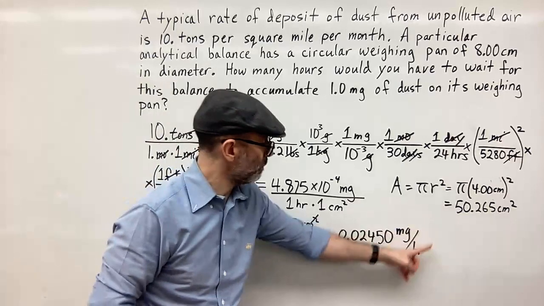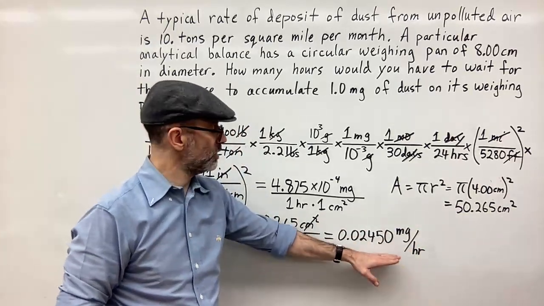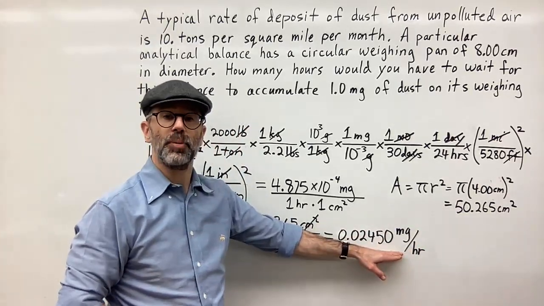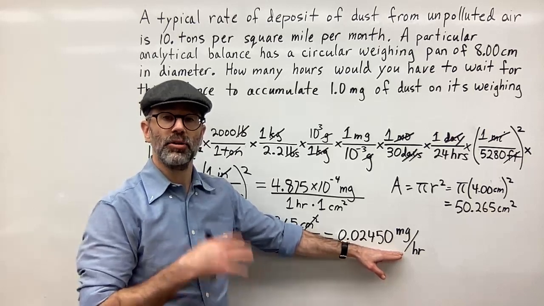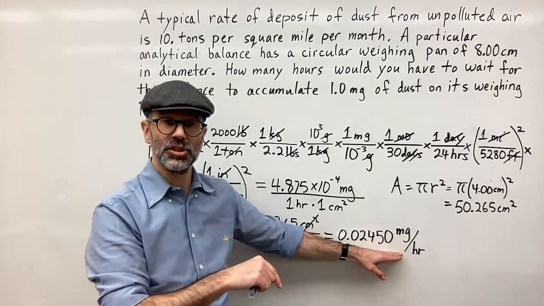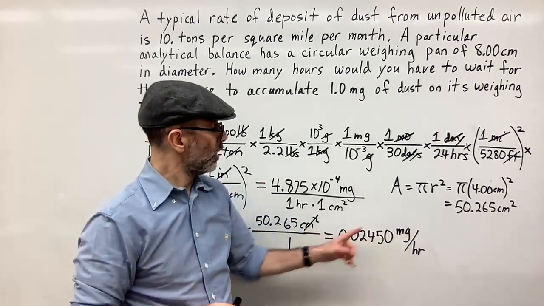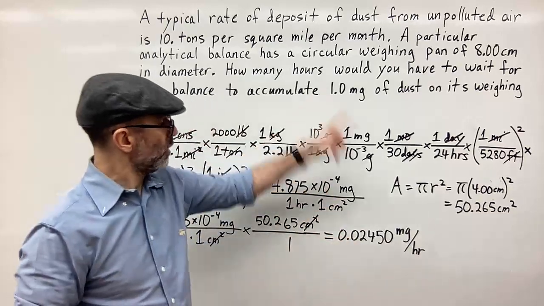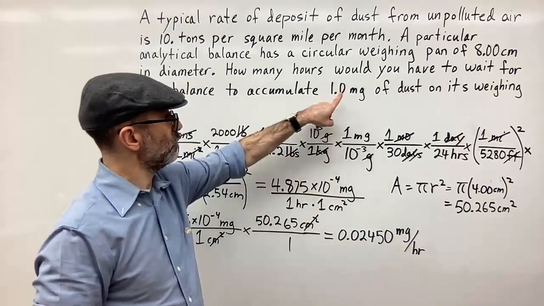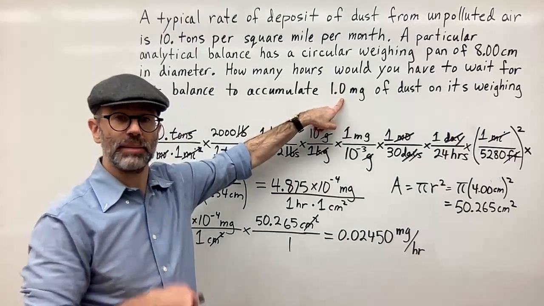Well, we already got the rate here. This is the rate per hour of the milligrams that is going to be added to that dish in that amount of time. So I can use this as a conversion factor to convert 1.0 milligrams to hours.